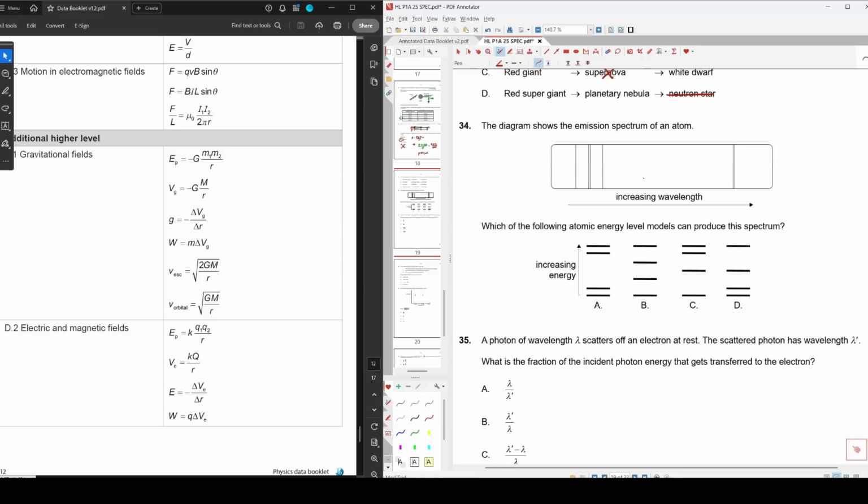Okay, I hate this question. They've done this question before. It shows the emission spectrum of an atom. Which energy levels could provide this spectrum? Well, you've got 2 lines close together over here, 2 lines close together over here. The trick is the different wavelengths correspond to the different possible transitions you can make, which are all of these.